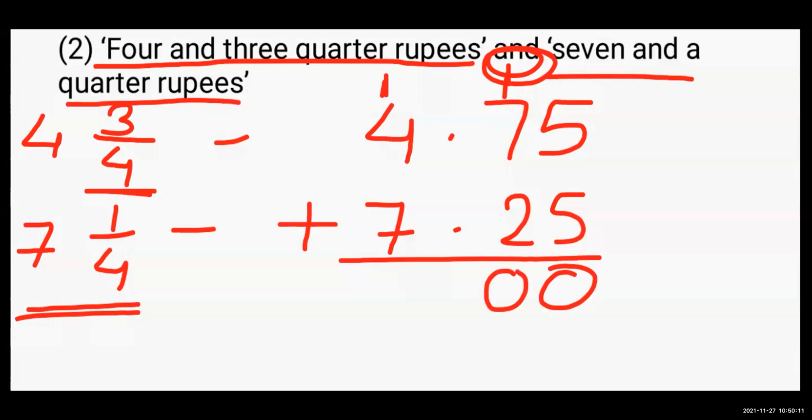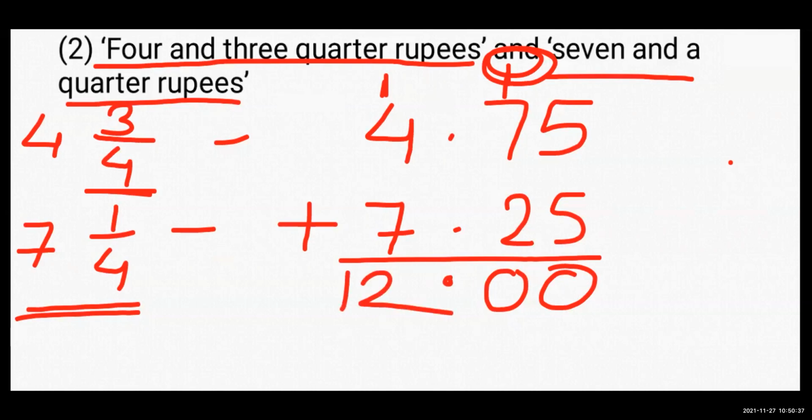Now point plus point will become point only. Now 4 plus 1 will become 5. Now 5 plus 7 will become 12.